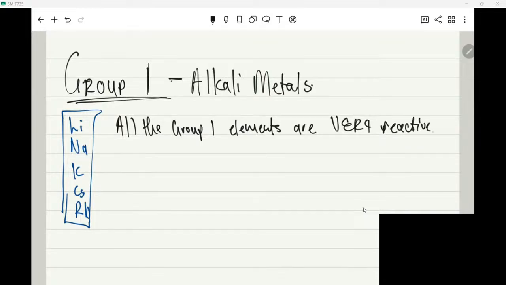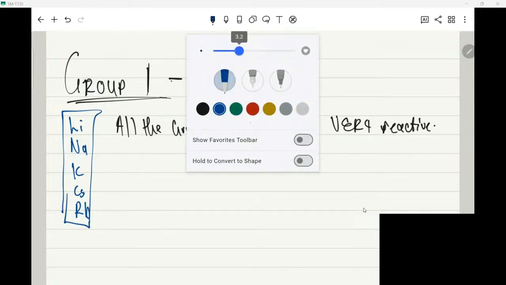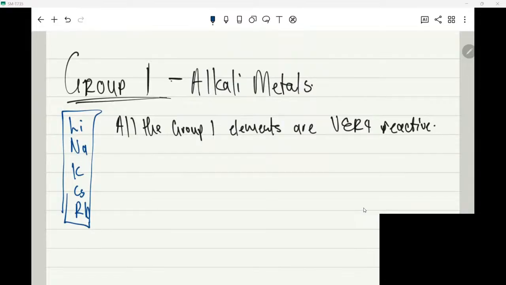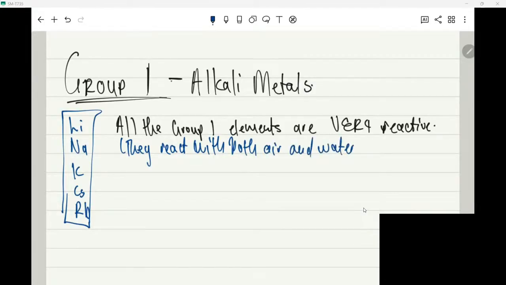In other words, they react with both air and water. They will always react with air and water.